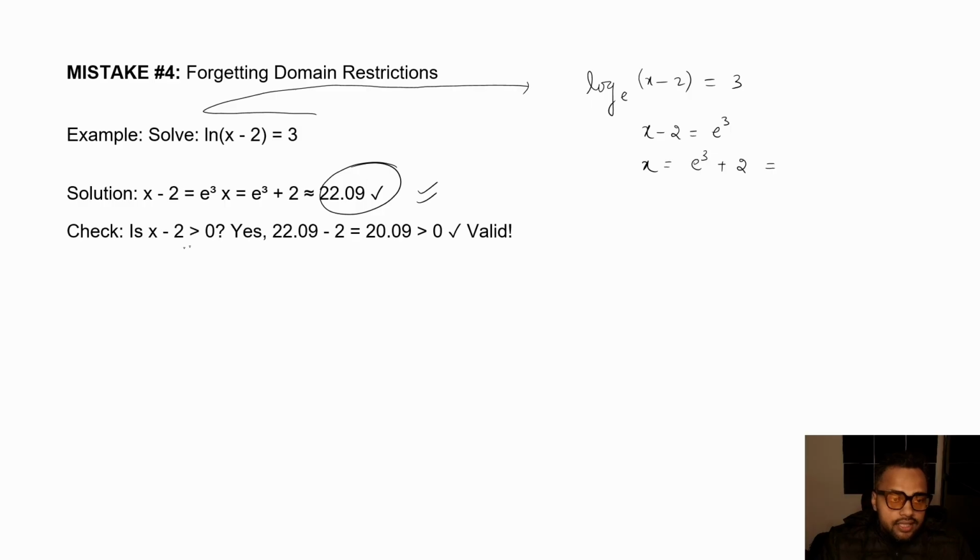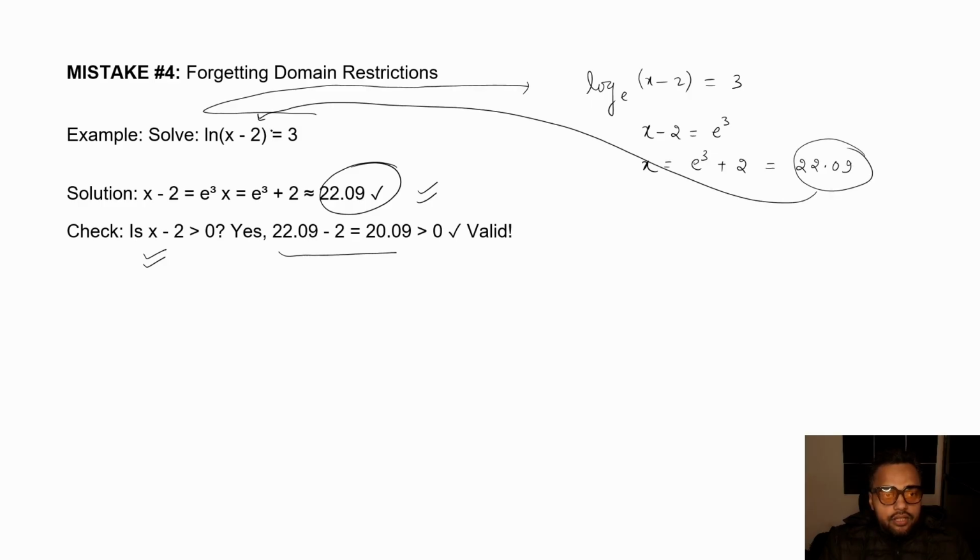So you need to see that x minus 2 is greater than 0. If I plug in the value of x which we calculated here, 22.09, into the domain, you can see that 22.09 minus 2 is 20.09, which is greater than 0, which is valid.